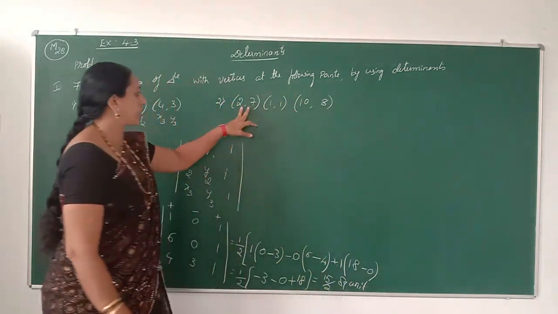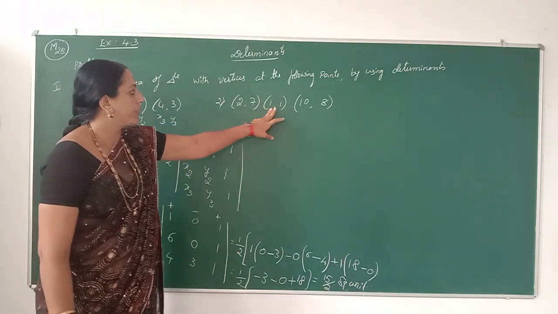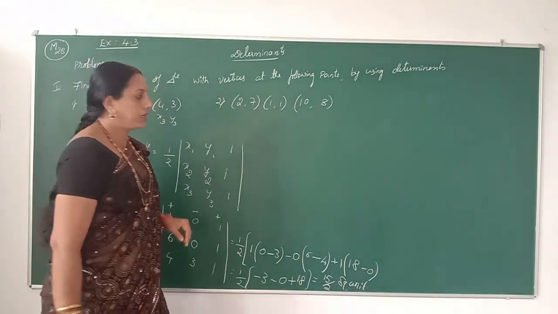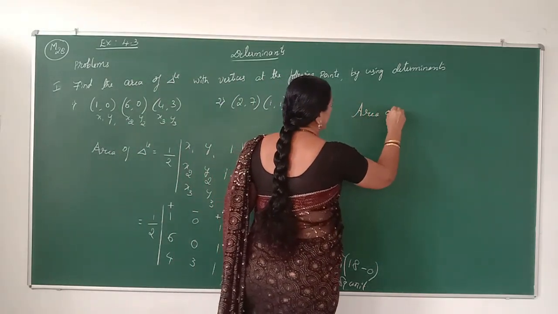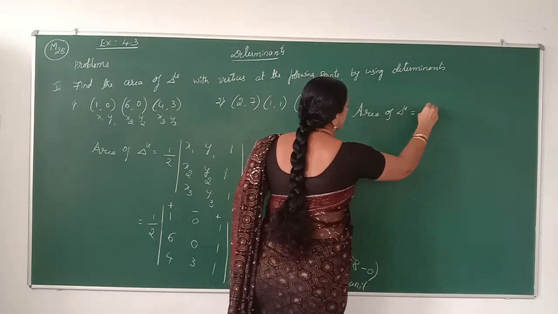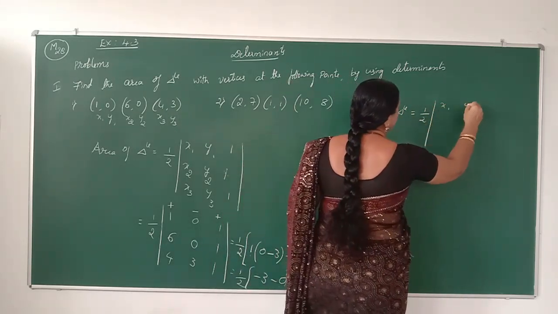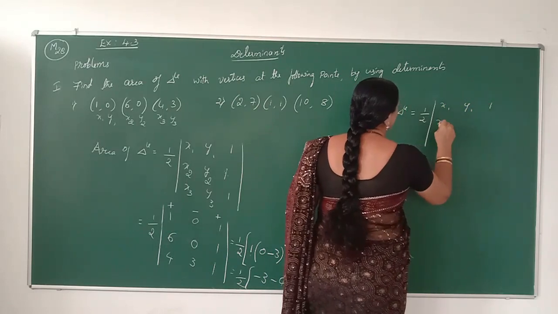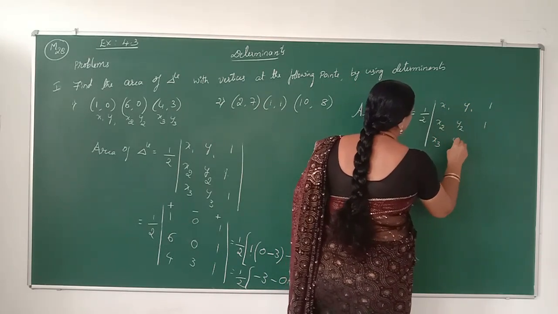Similarly, now the second one is, whose vertices are (2, 7), (1, 1) and (10, 8). Therefore, the area of the triangle is equal to half of the determinant. Again we write the formula form: x1, y1, 1, x2, y2, 1, x3, y3, 1.